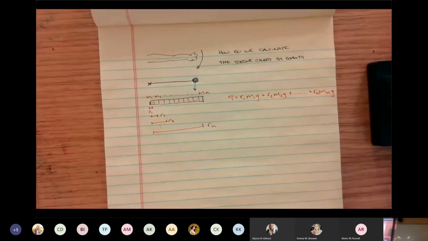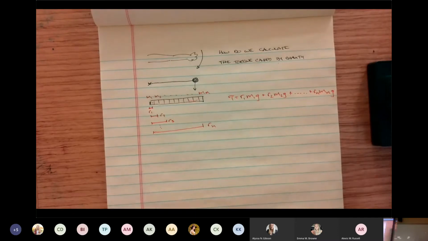Okay, so then the problem is, how many segments do I need to have in order to get a good answer? The more segments you have, the more precise your result is going to be, but it is also going to make your calculation longer. And the fewer segments that you have, the more easily you can calculate it, but it's going to have a lot of error.